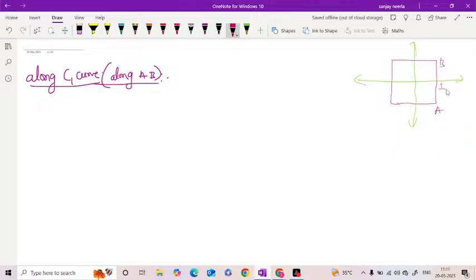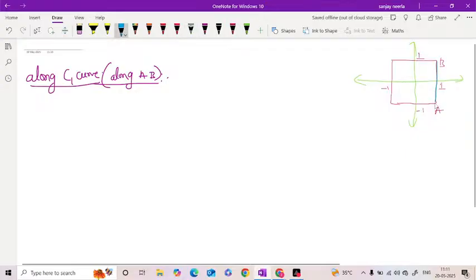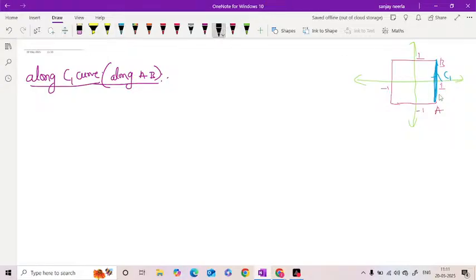So we know that this is plus 1 and minus 1. Now we are taking this curve, C1. In this curve, what is the x value and what is the y value?